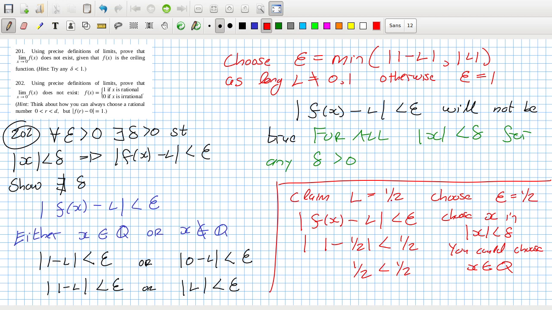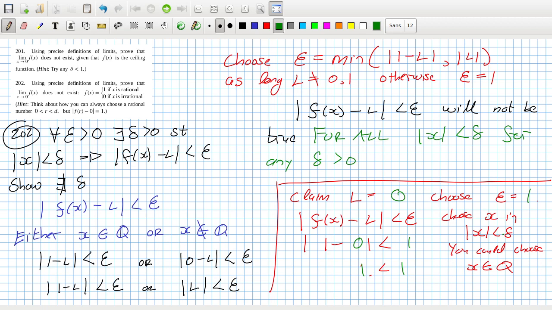We could try another value. For example, if someone was claiming that the limit is 0, then you will just choose epsilon as 1. So the limit here is 0, and this here is 1, and you get exactly the same problem: 1 less than or equal to 1.